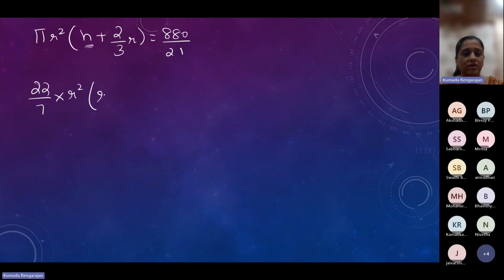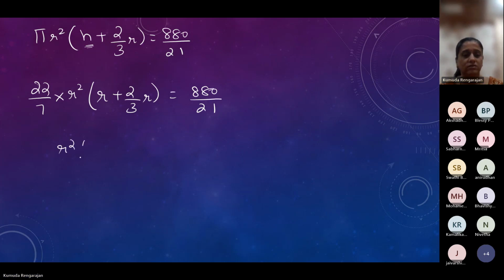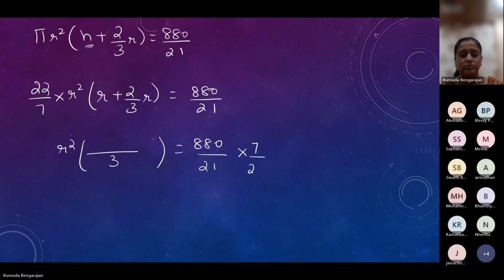So this one is R plus 2 by 3 R is equal to 880 by 21. 22 by 7 comes to the other side as 7 by 22, the reciprocal.